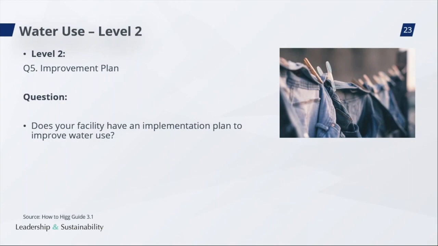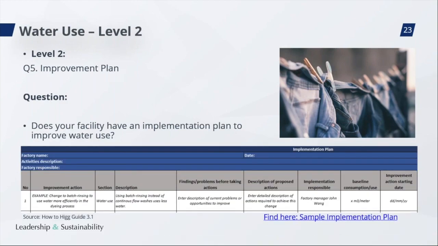And the intent of the question is really that an action plan supports you with target setting and is an important step in managing your water use and achieving reductions. And here we also have an example of such an implementation plan. This is something you can use not only for water, but actually for any action, any target that you have. And the link is available here as well. This table comes from the How to Higg guide.